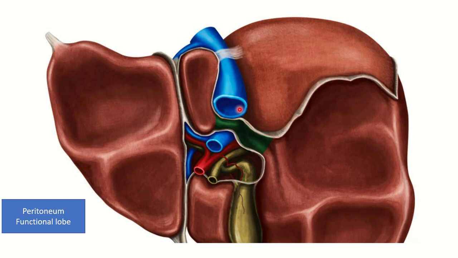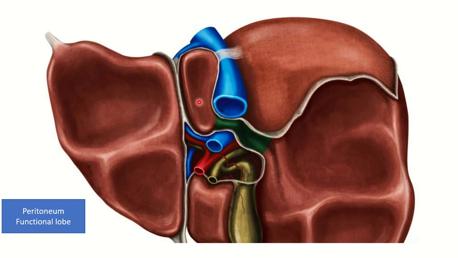Also, not all parts are covered by the peritoneum because of the inferior vena cava. The peritoneum cannot pass the inferior vena cava and cover the liver. So there are different areas where covering by the peritoneum is not possible.